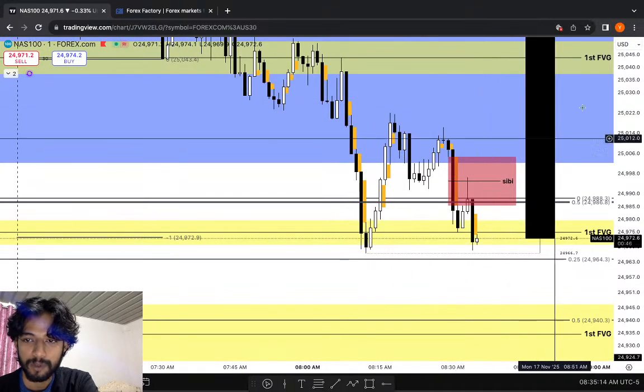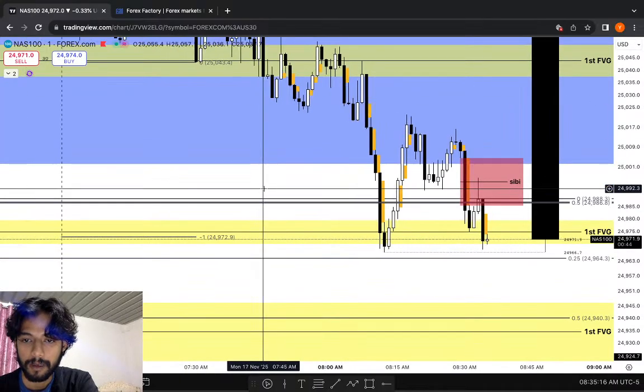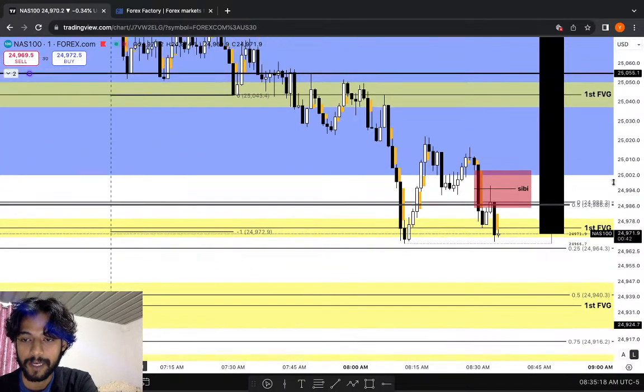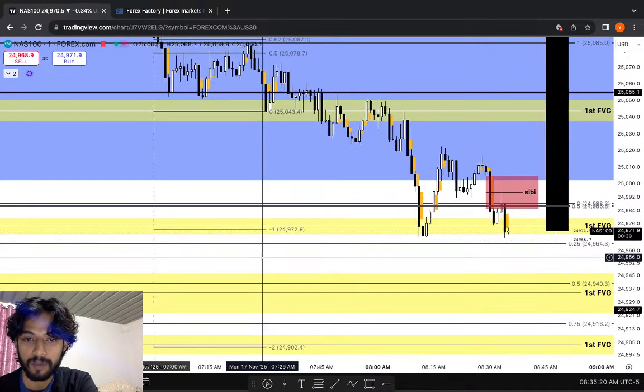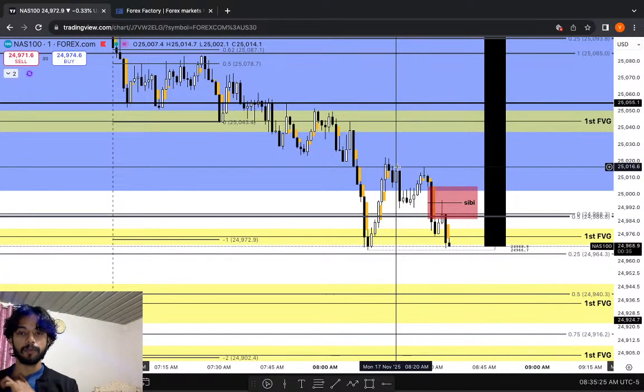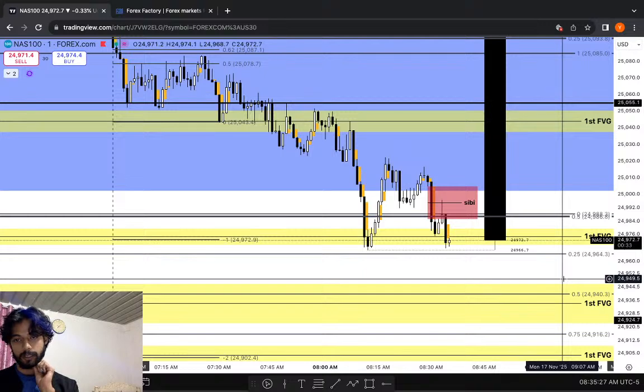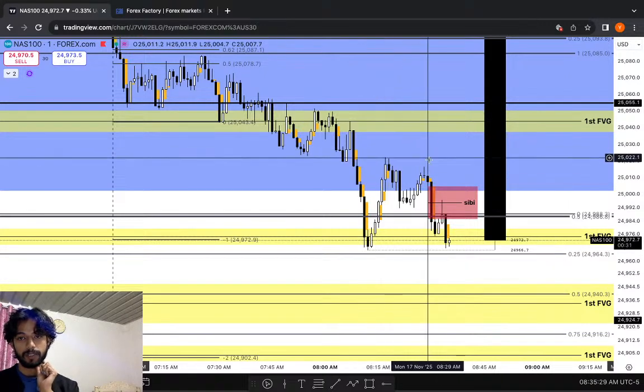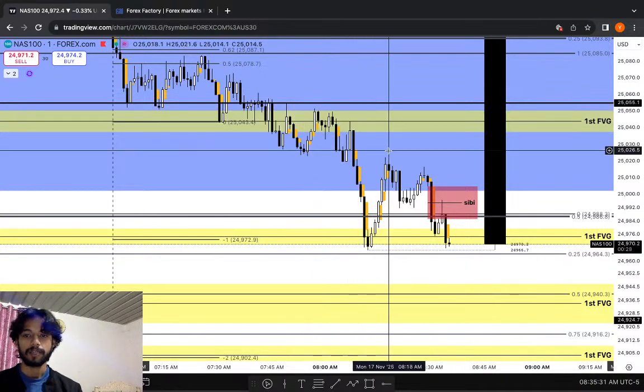The more it moves lower, that is good for us if we can see some kind of move on the upside at 9:30, taking out these people, those who are currently profiting from the shorts. They have their stop losses right above this high, and these are pretty smooth highs.